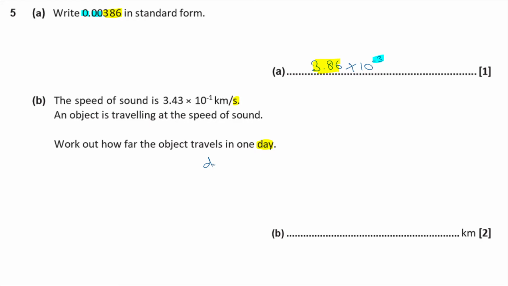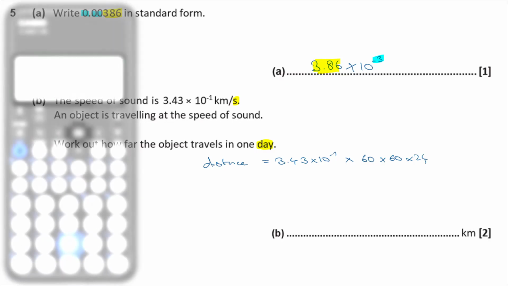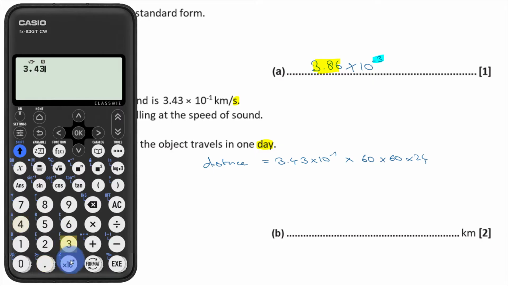Okay, so the distance is going to be equal to the speed of sound times, well, there are 60 seconds in a minute, 60 minutes in an hour, and 24 hours in a day. So I'm just going to type the number in standard form to start with. So I've got 3.43, I'm going to press the exponent key down here and put in the power, minus 1.